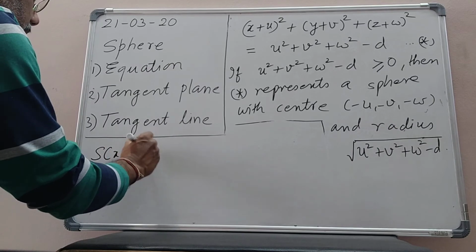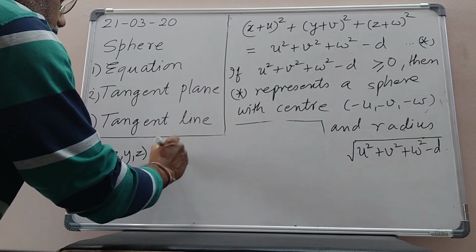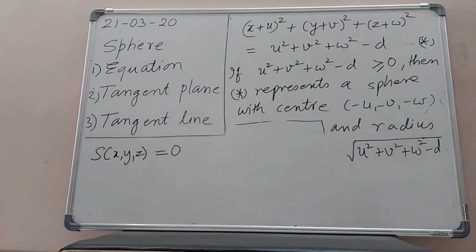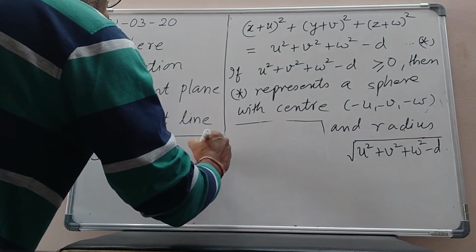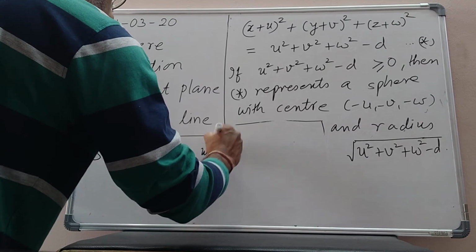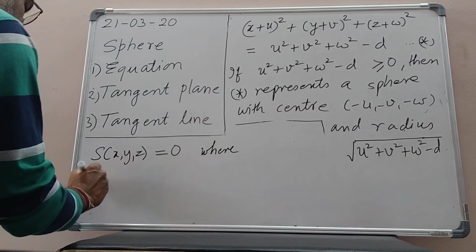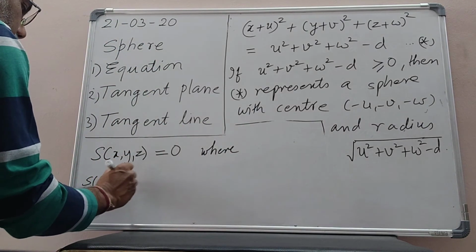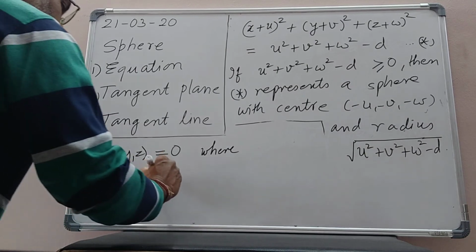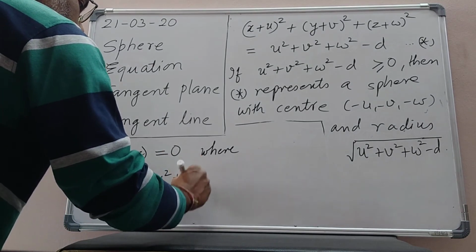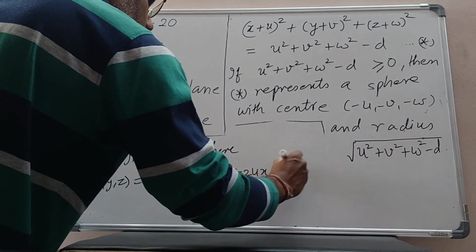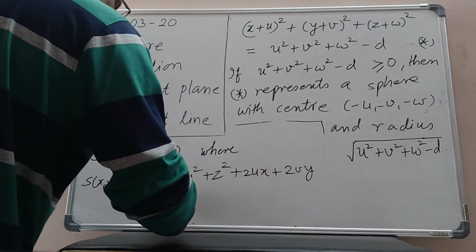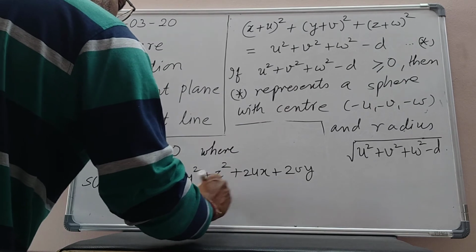S(x,y,z) equal to 0, where S(x,y,z) is equal to x square plus y square plus z square plus 2ux plus 2vy plus 2wz plus d.